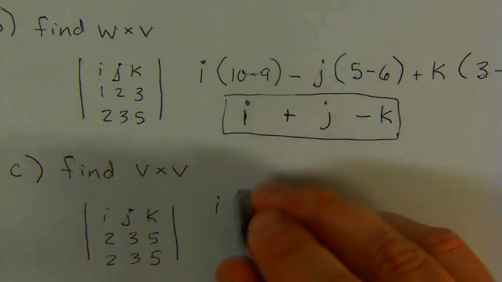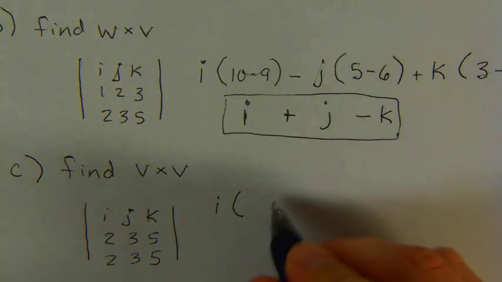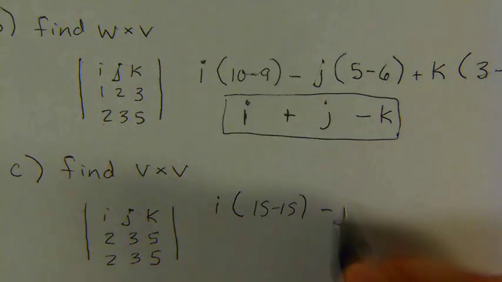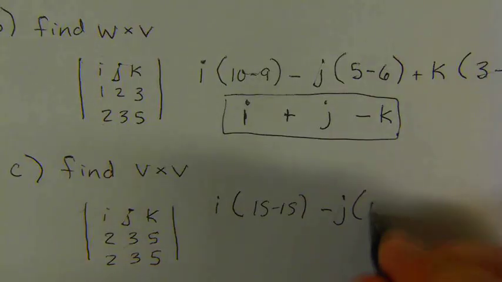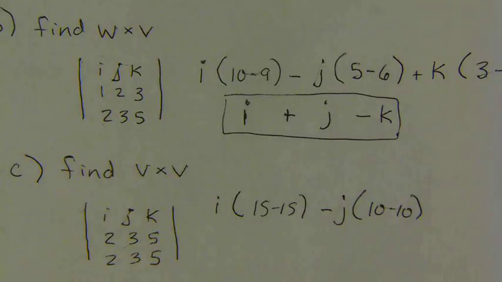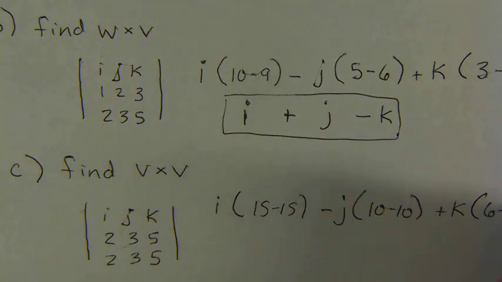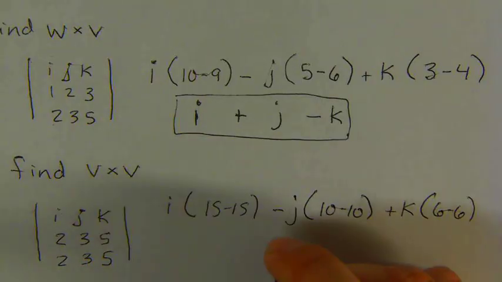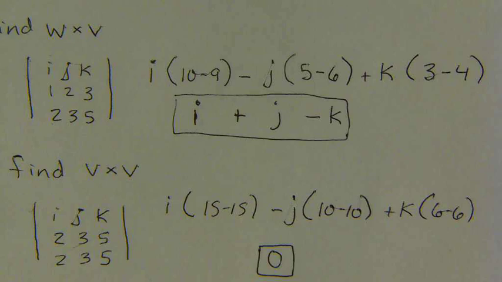That would be i times 15 minus 15, minus j, as you see what's going to happen here, 10 minus 10, plus k, 6 minus 6, and so they all cancel out, and the answer is 0. So the cross product between a vector and itself is always 0.